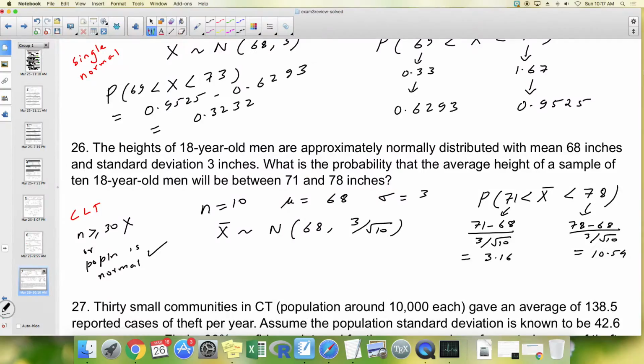So for 10.54, you can say that this is 1. And for 3.16, you can look up the z-table, and that shall give you 0.9992. So probability that x bar lies between 71 and 78 is 1 minus 0.9992, which is 0.0008.